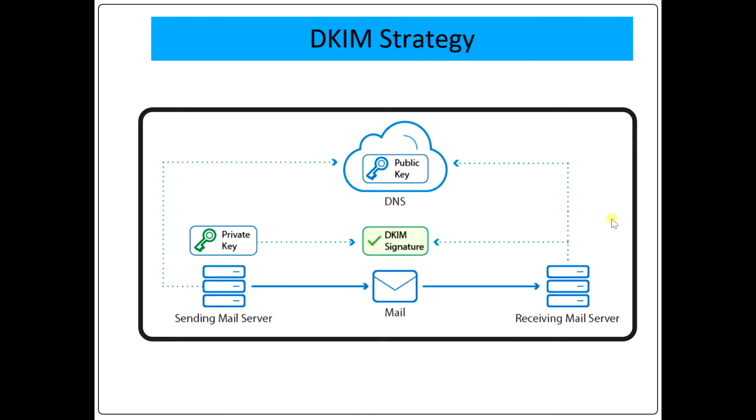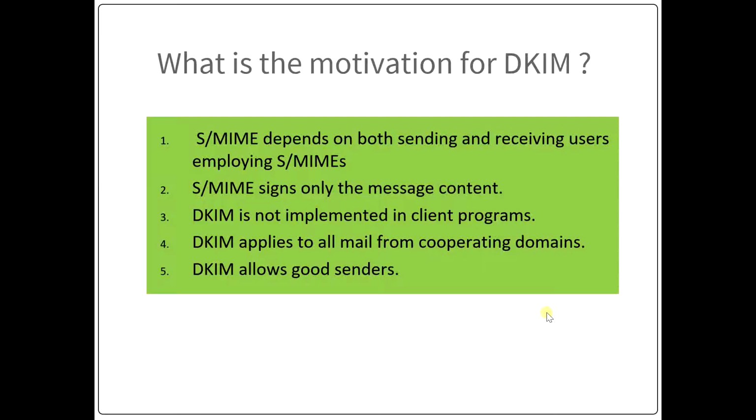This approach differs from that of S/MIME and PGP, which use the originator's private key to sign the content of the message. So let us look into the motivation for DKIM. There are around five motivations for the use of DKIM. Firstly, S/MIME depends on both the sending and receiving users employing S/MIME.